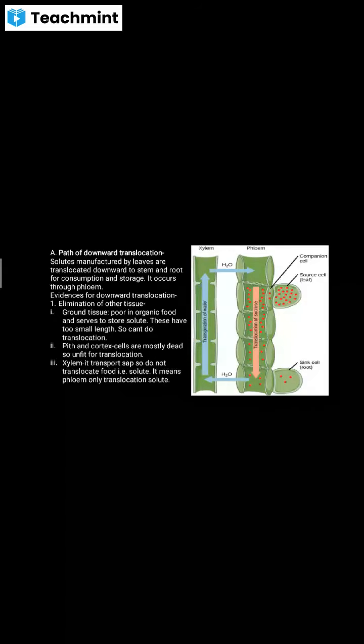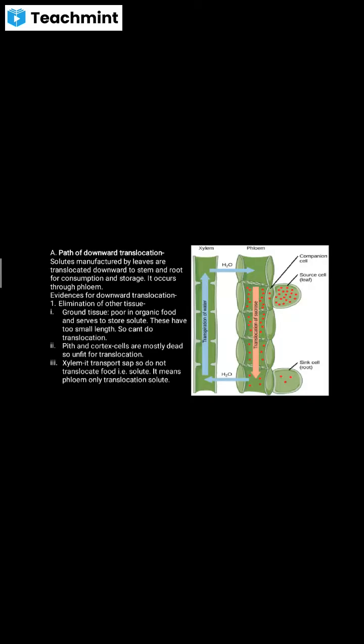All these transportations take place through the phloem cells. The translocation of sucrose molecules takes place by downward translocation. You can see the phloem cells, and there is an arrow from top to the bottom.